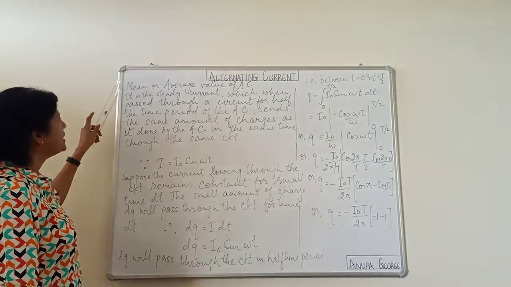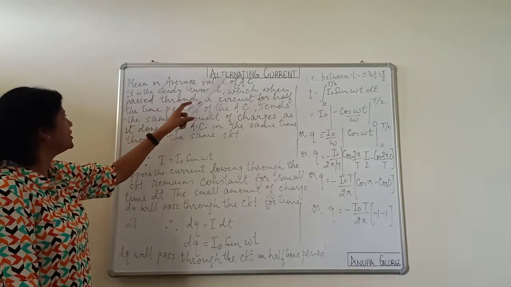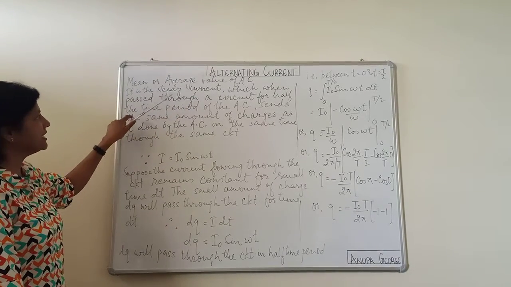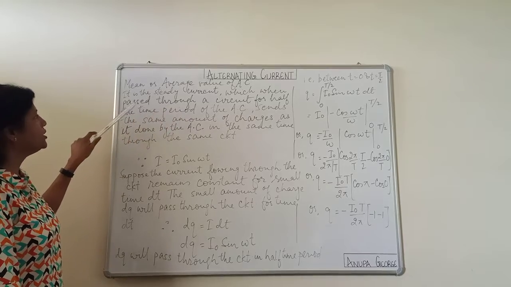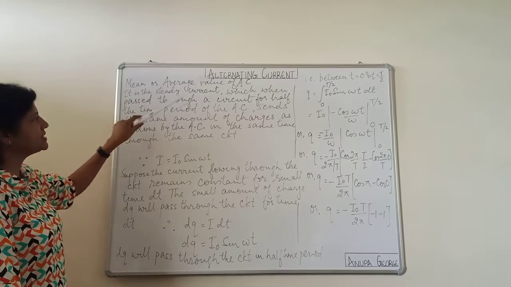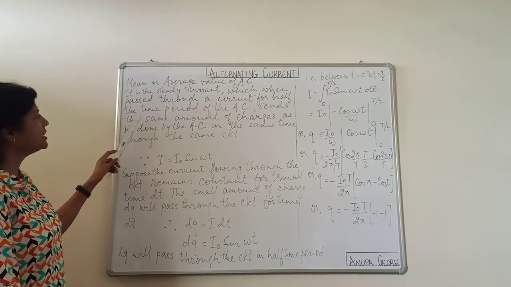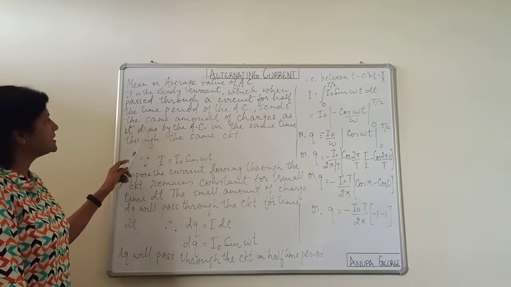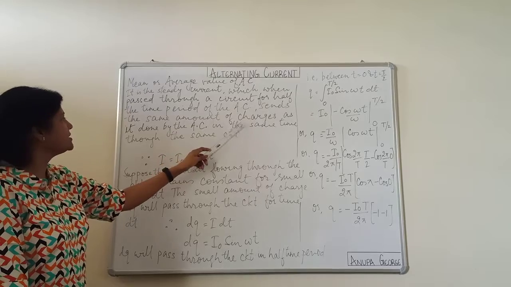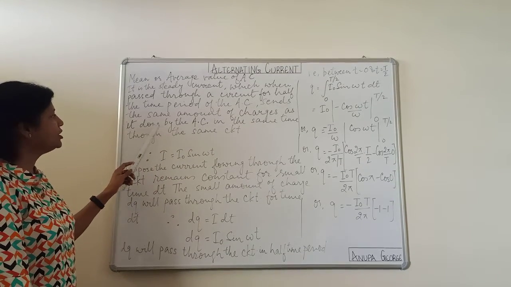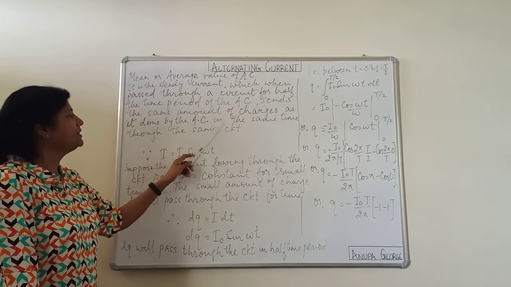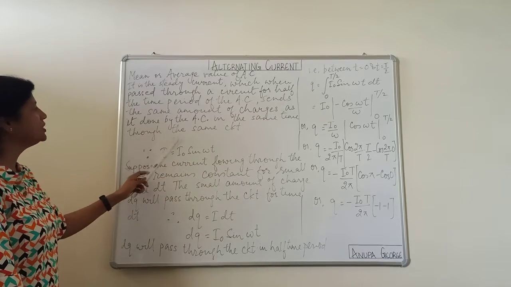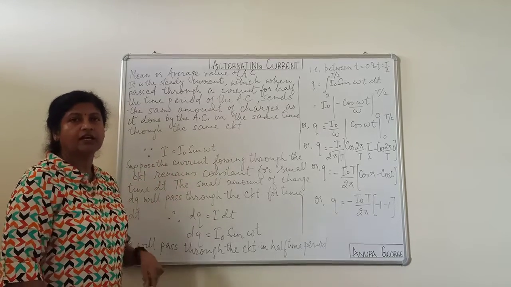The mean or average value of AC is the steady current which, when passed through a circuit for half the time period of the AC, sends the same amount of charge as is sent by the AC in the same time through the same circuit.